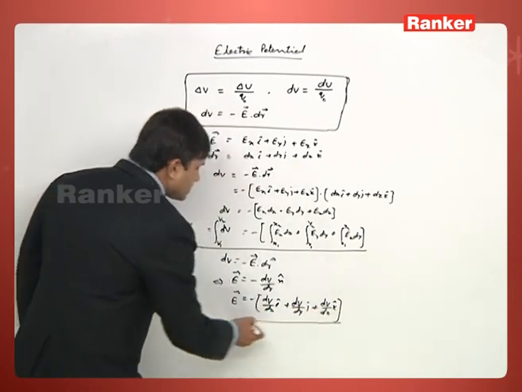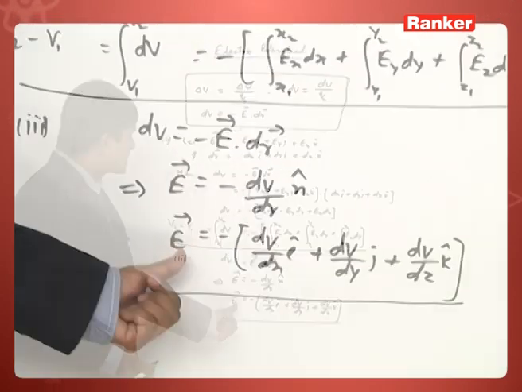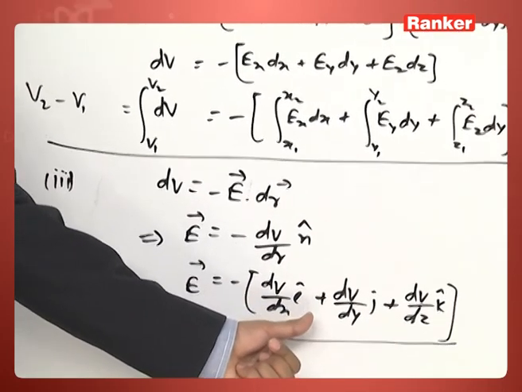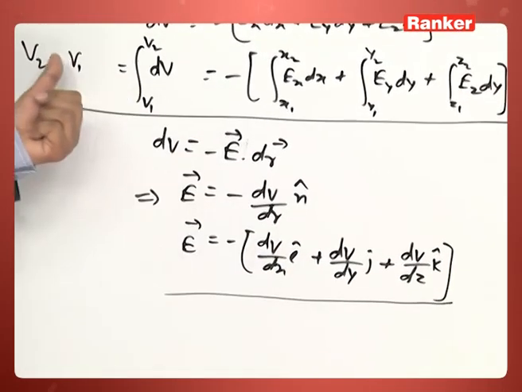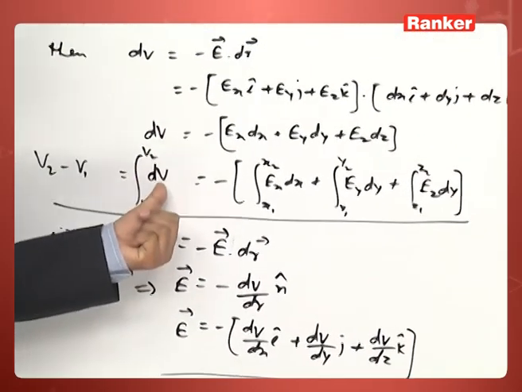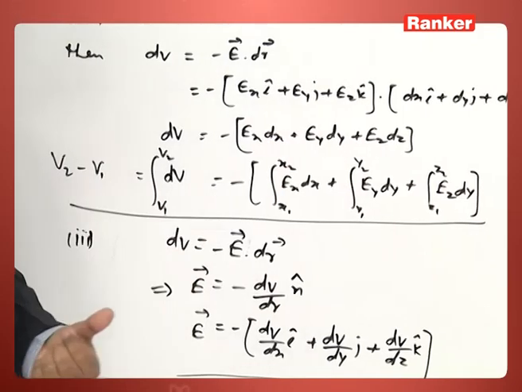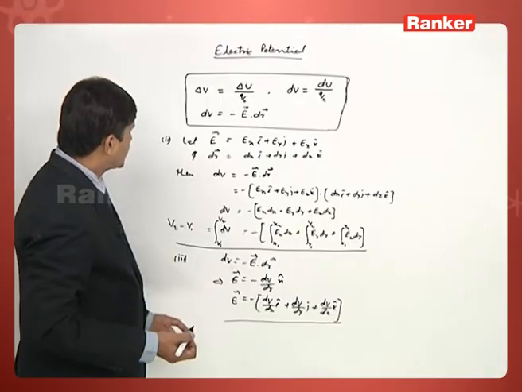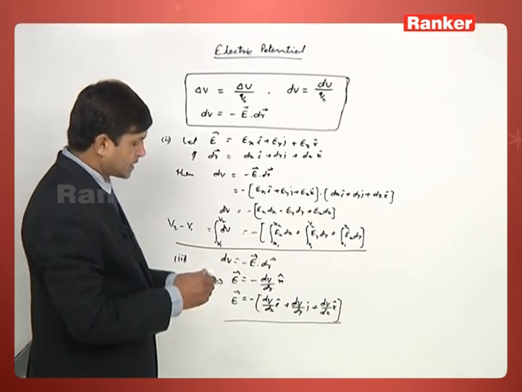So this is the relation by which we can get the electric field in the vector form if potential is given as a function of x, y, z, and this is the relation by which we can get the potential difference between 2 points if electric field is given as a function of x, y, z. So further we can use this relation in the next example.